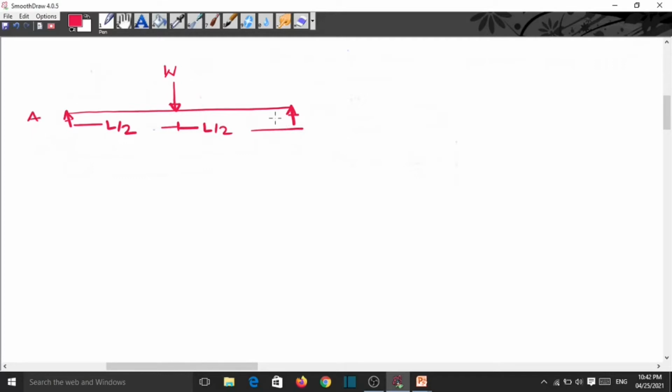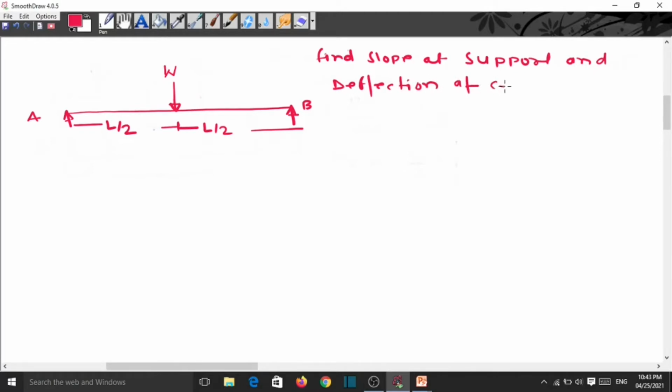This is A and this is B. So our aim is to find the slope at support and deflection at center. This total is L, and this is L by 2.